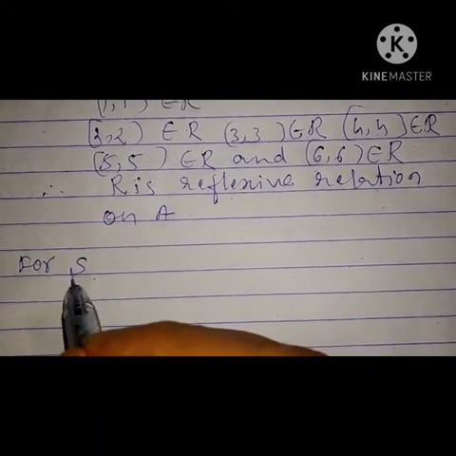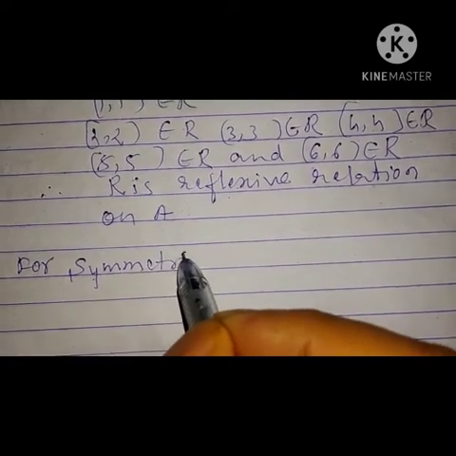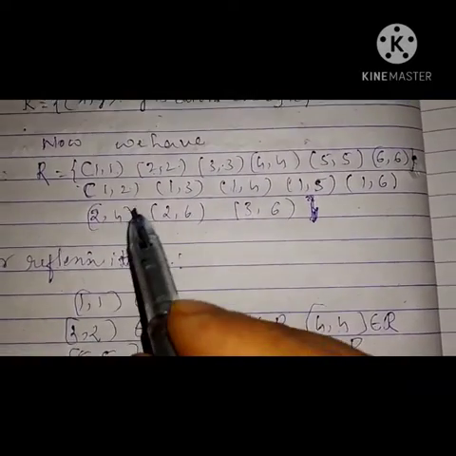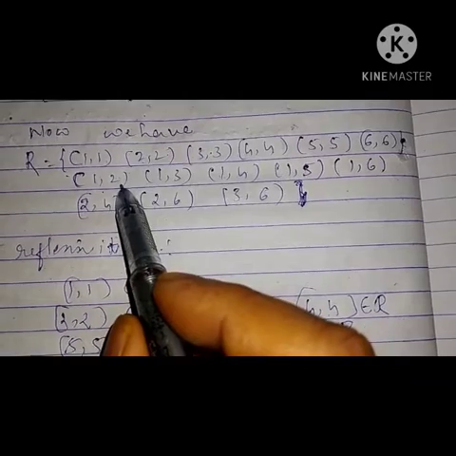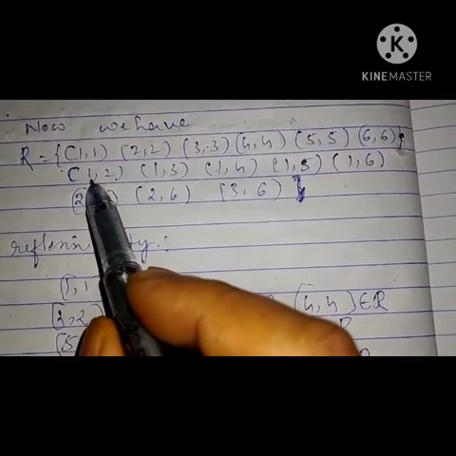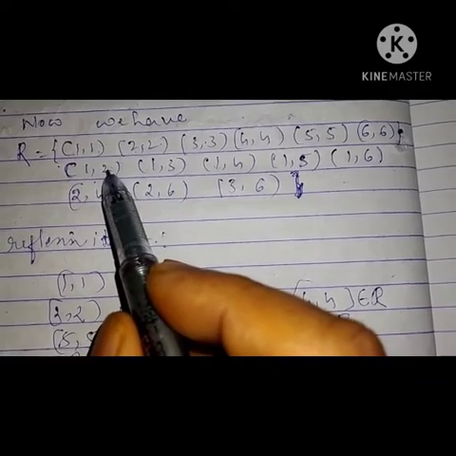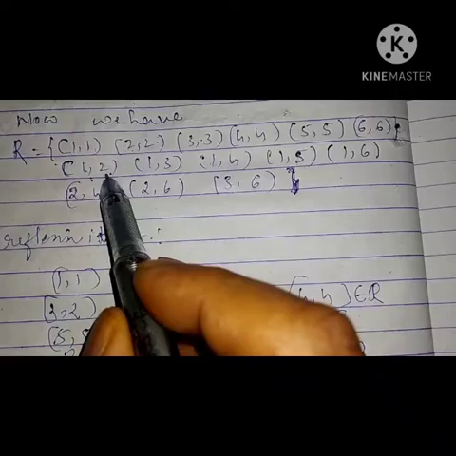Next, for symmetric: it is clear that 1 divides 2 but 2 does not divide 1. So 2 is divisible by 1 but 1 is not divisible by 2.